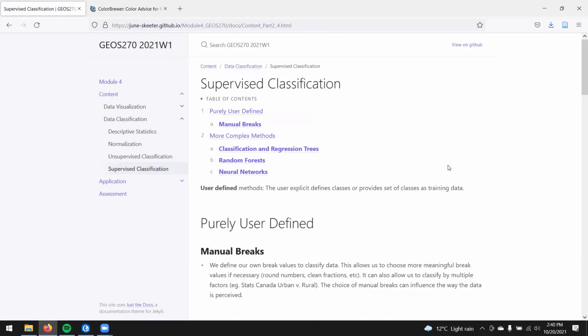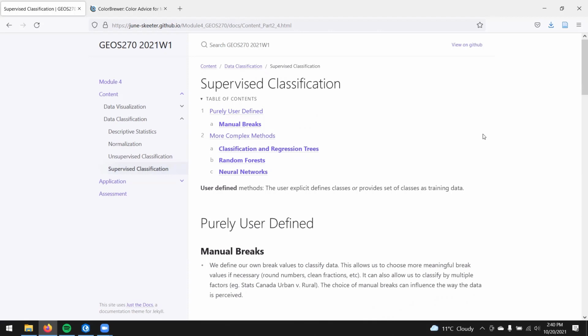And so this, instead of letting the data define the splits, we, the user, define the splits. So we explicitly define our classes, or we provide a set of classes as training data. This isn't to say that it's entirely human done.